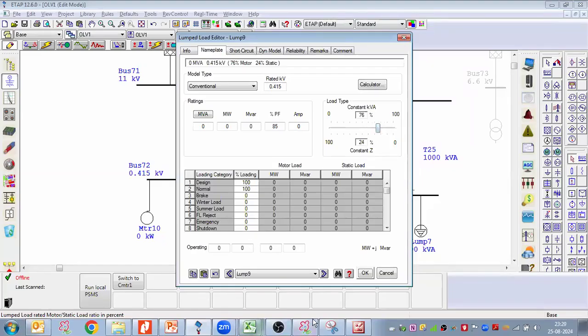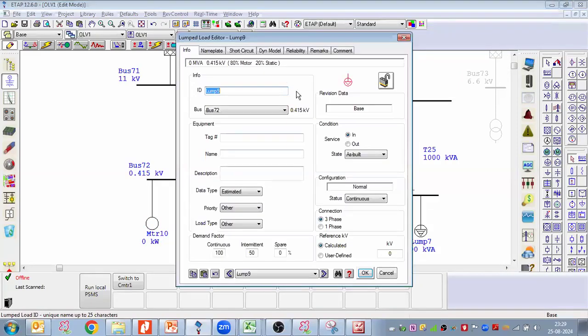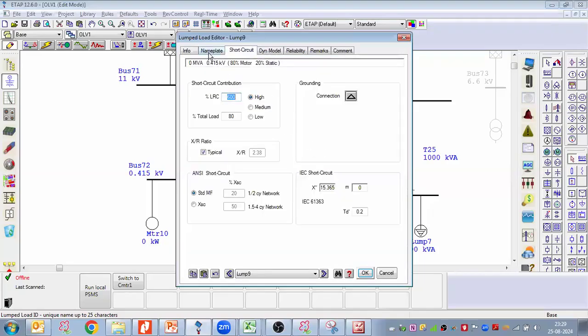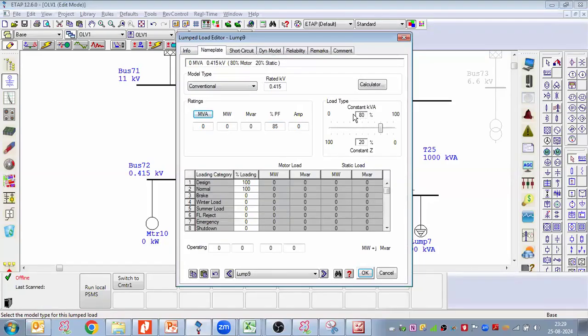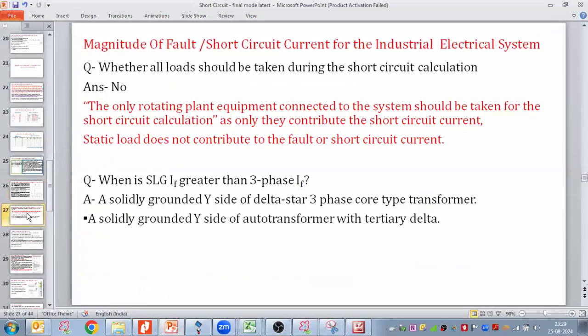So there is no need to indicate all the loads in your SLD. Just indicate the largest motor, club the other motors together as a lump load, and select the percentage based on motor plus other load here. Now, should all loads be taken during short circuit calculations?